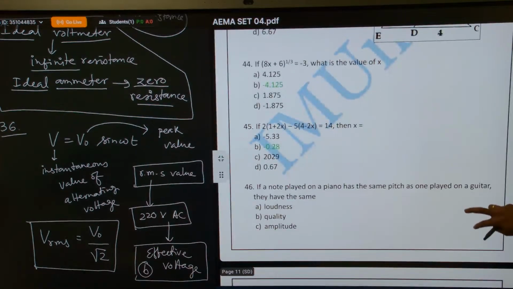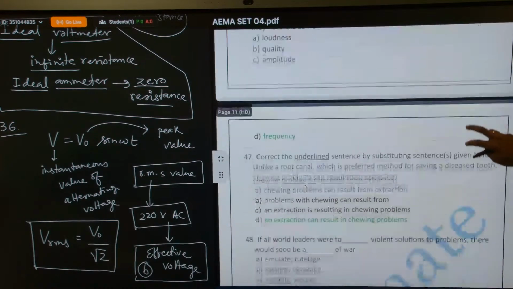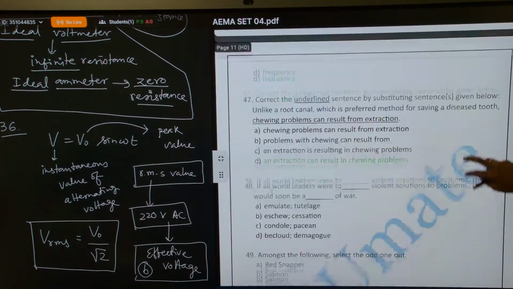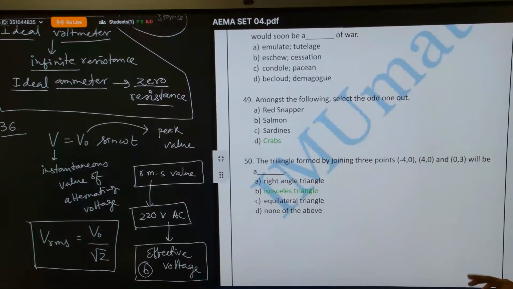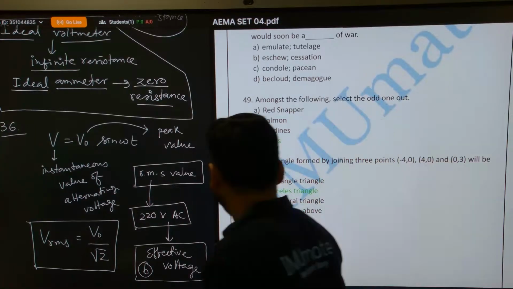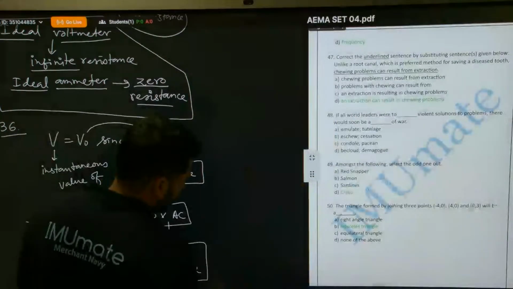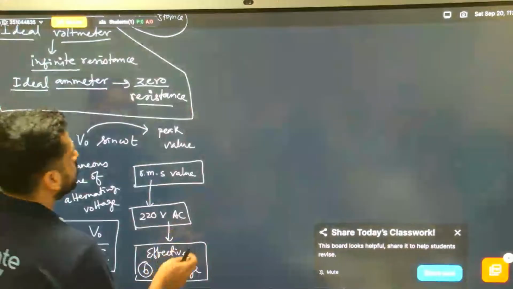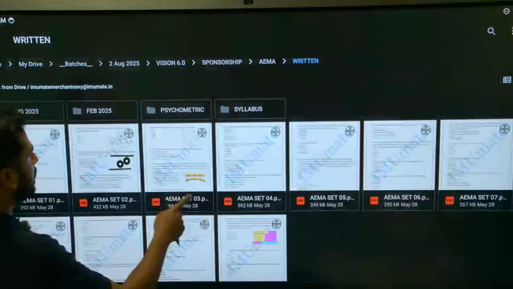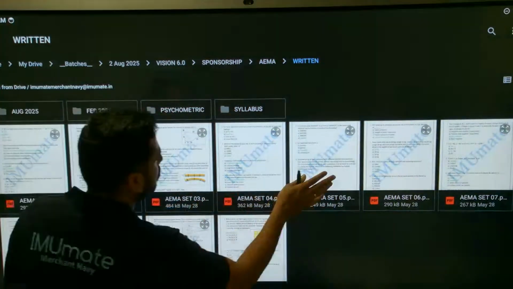I think we are also done with this. Okay, let's get to the next one. How many did we do? 4. Let's start 5.